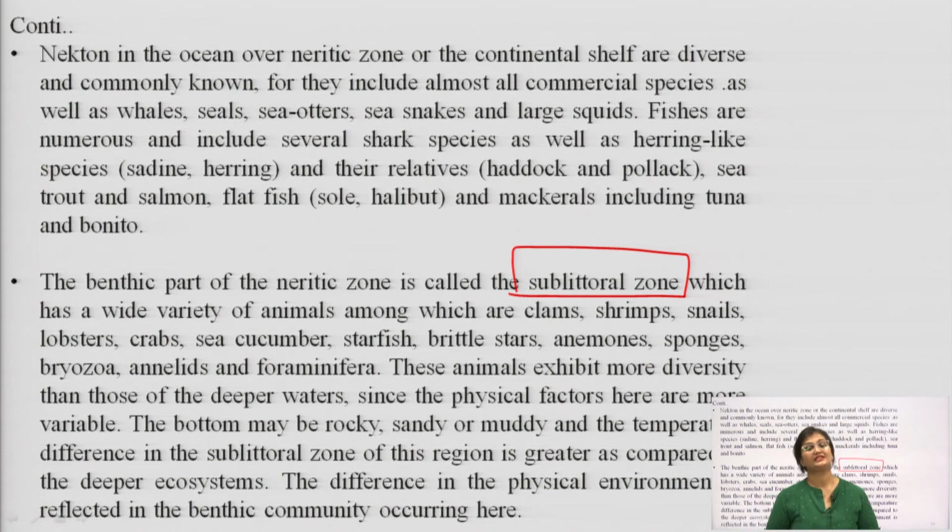These animals exhibit more diversity than those of the deeper waters, since the physical factors here are more variable. The bottom may be rocky, sandy or muddy, and the temperature difference in the sublittoral zone is greater as compared to the deeper ecosystems. The difference in the physical environment is reflected in the benthic community occurring here.